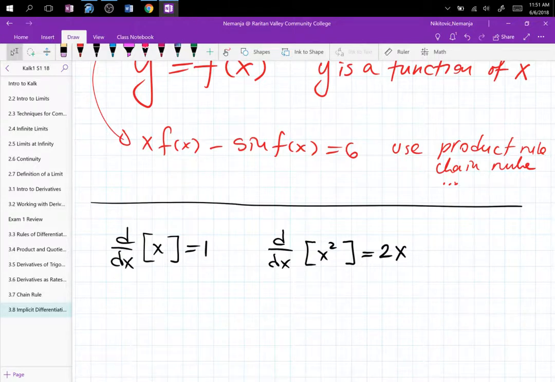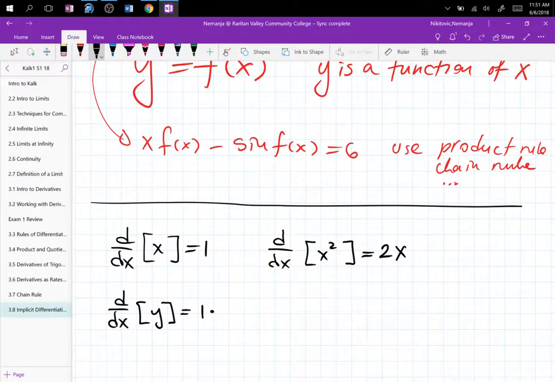But here's the cool part, and it goes back to the chain rule from last time. I can take the derivative of y, and if I take the derivative of y, I will get 1, but I have to multiply it with a chain rule. Remember that we have to multiply with the derivative? So you can call it y prime, or you can put dy dx.